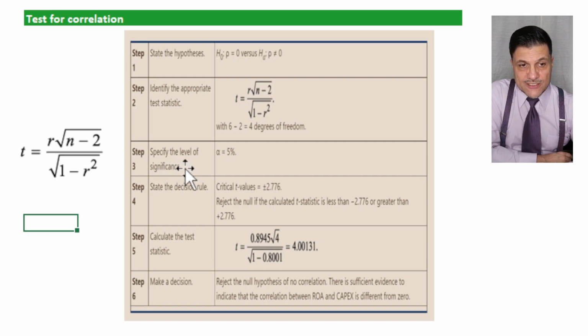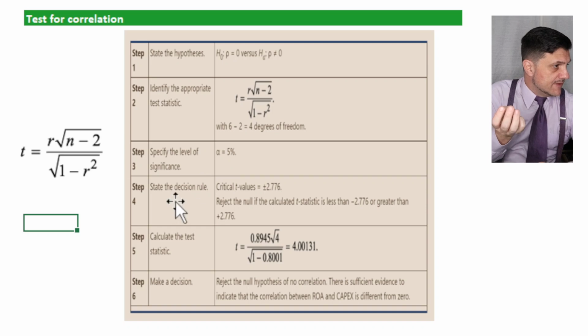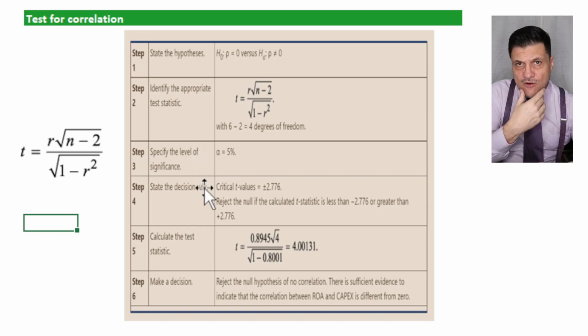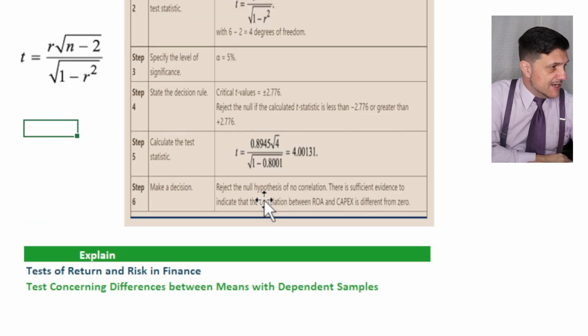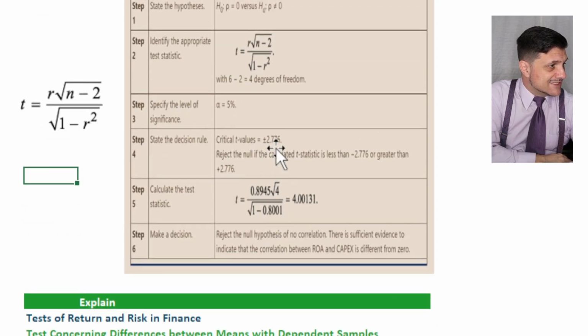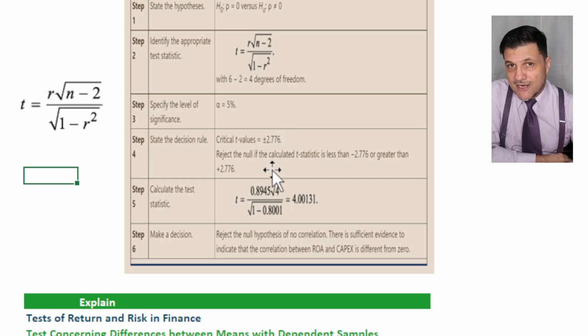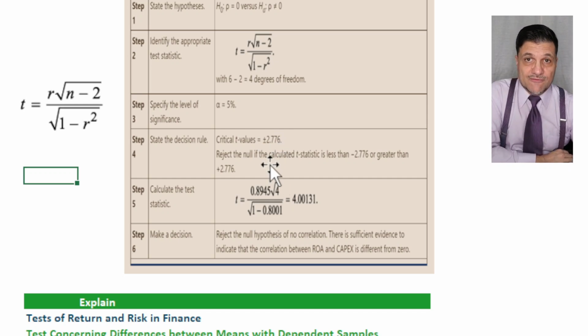Now, look what I have on step 4. I have degrees of freedom, okay? I have confidence level. I put everything together, and then I found that my critical value is plus or minus 2.776. That's the predetermined critical value that's going to be used for comparison, okay?